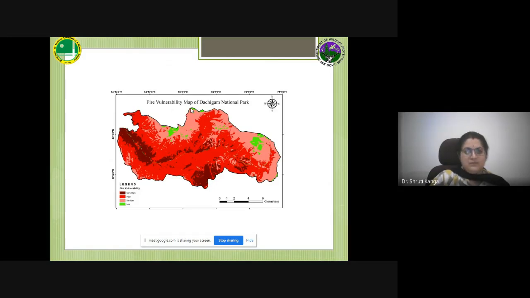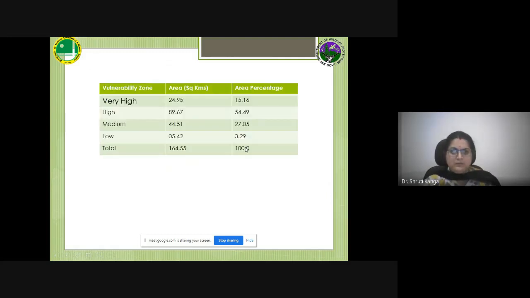So this is the risk calculated in the case study, and this risk can be categorized in four classes, where the dark maroon color shows the high risk, and the green color shows the lowest risk.